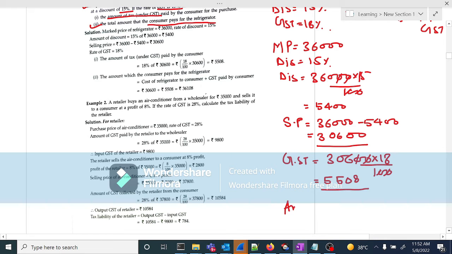Now the second part, total amount paid for the refrigerator. So the amount will be my selling price, which was 30,600, plus the GST I am paying, which is 5,508. So 36,108. That's my amount. So I hope this example is clear, right?